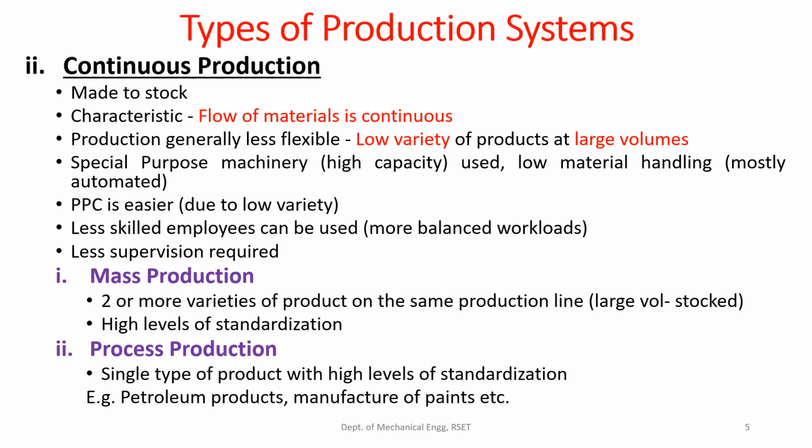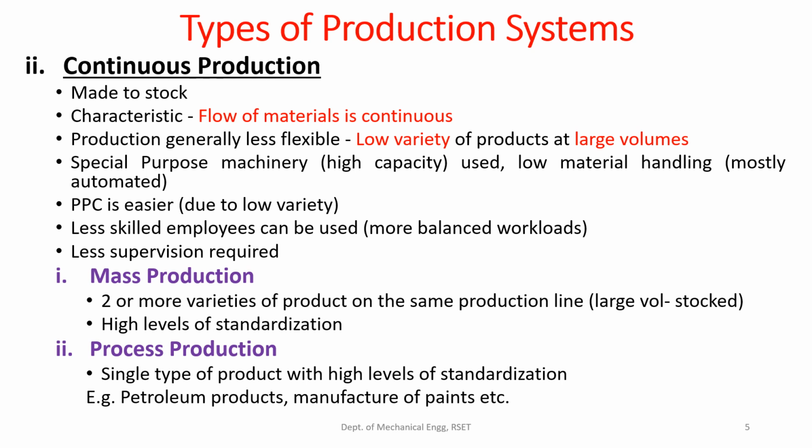Production takes place in larger volumes. So continuous production systems are characterized by low variety of products manufactured in large volumes. Now, continuous production systems make use of special purpose machinery and automated material handling systems.